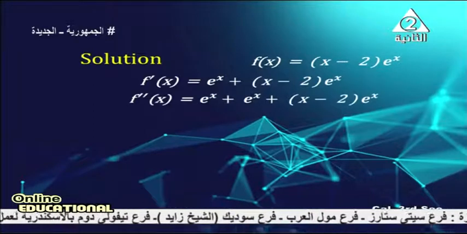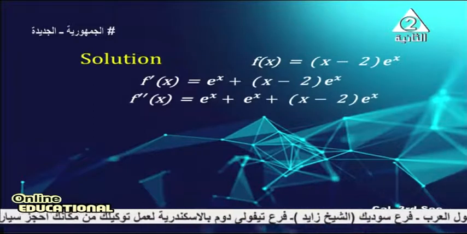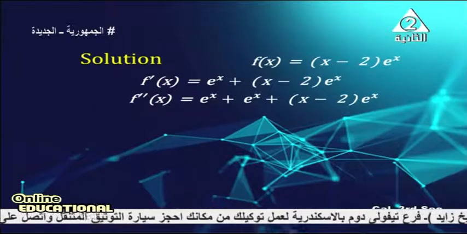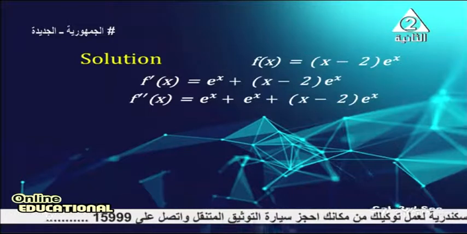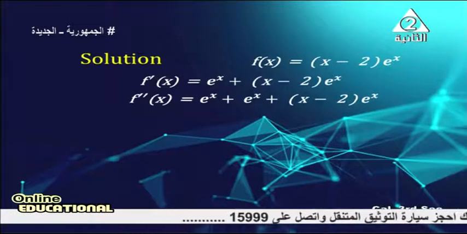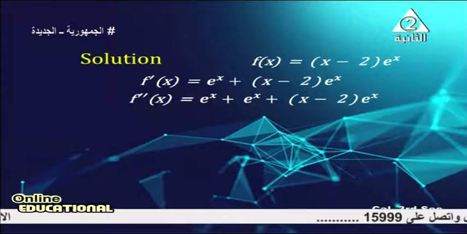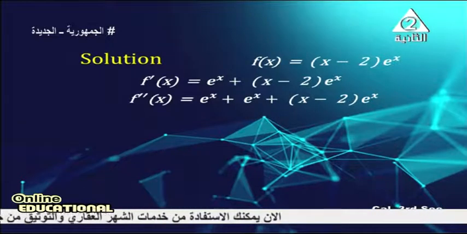Now the second derivative, or f''(x), equals the derivative of the function e^x, which is e^x, plus we have the product of two functions, e^x multiplied by (x - 2).